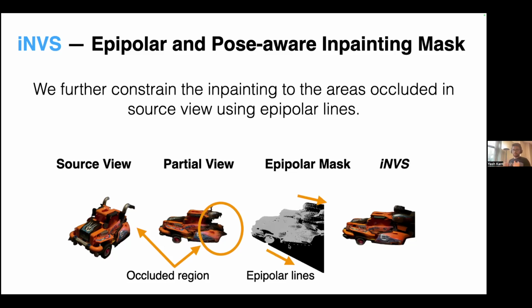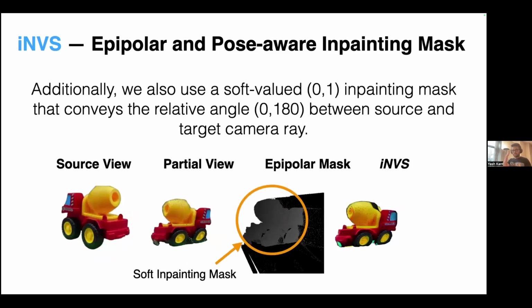When we provide the inpainter network with an epipolar mask, its job gets much easier because it only has to constrainedly generate these particular regions. One more thing. When we generate this epipolar mask, we use a soft valued mask from 0 to 1, because if we move our camera 180 degrees behind the object, then a lot of the pixels can get flipped.